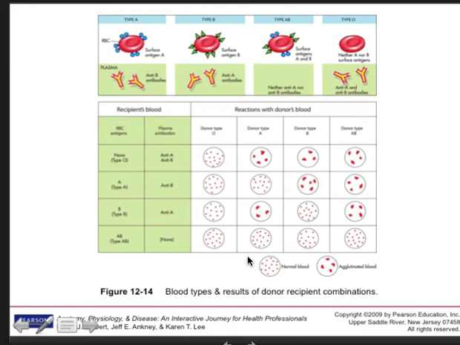Now you might think, well, gee, what about the donor's antibodies? Won't they react with the recipient's red blood cells in the case of some of these transfusions? And that would be true.